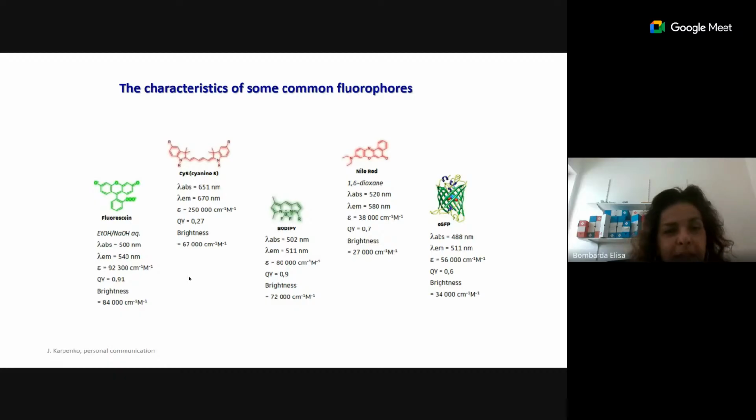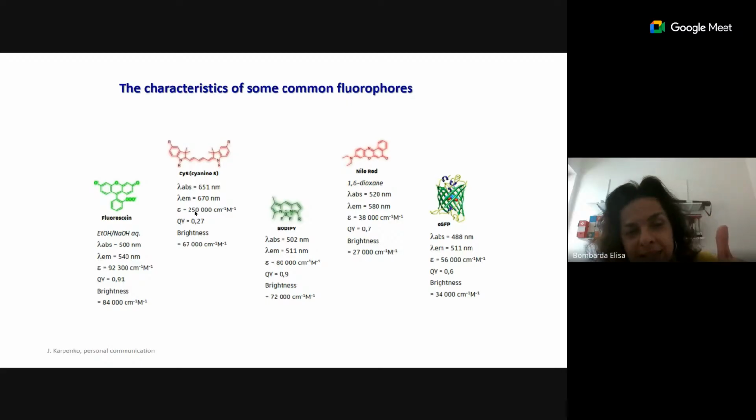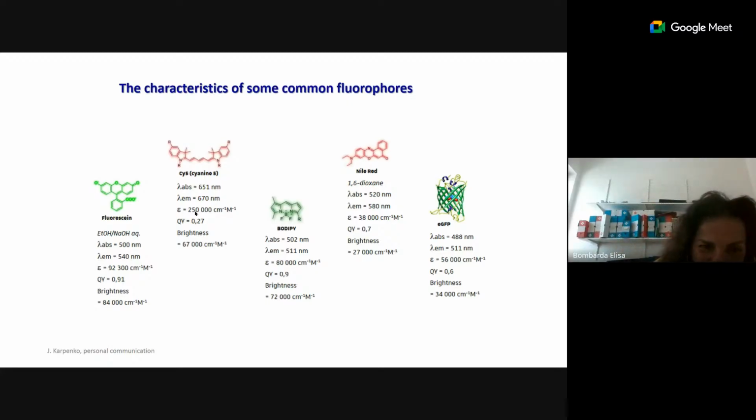So that means that if the quantum yield is not so good, you can compensate with the extinction coefficient, because you say, okay, the quantum yield is not so good, but you easily excite it, so it's easier to excite, and so at the end you have anyway a good signal.